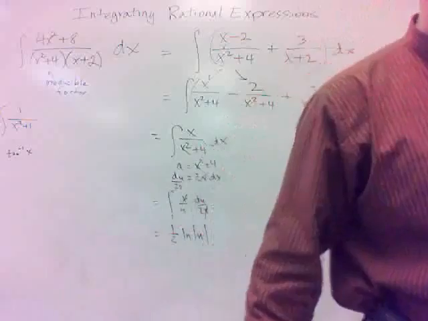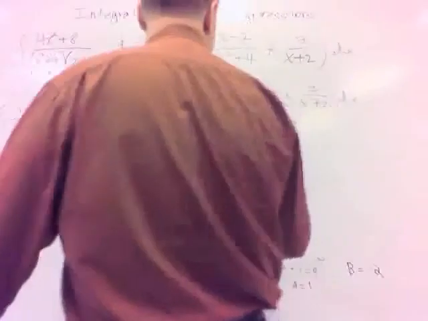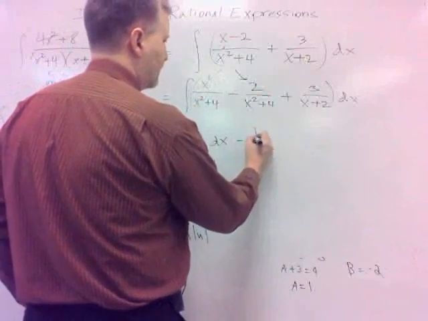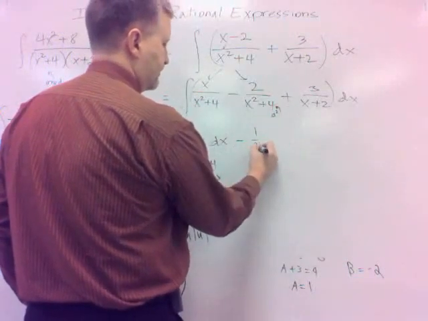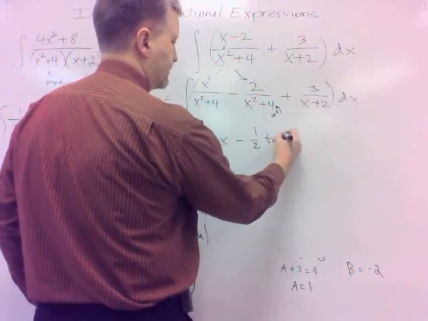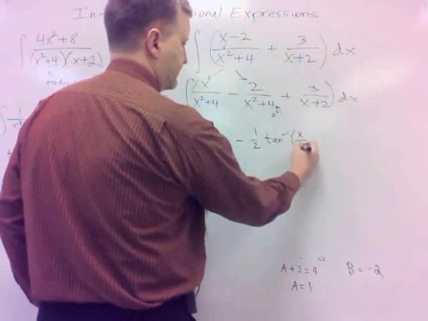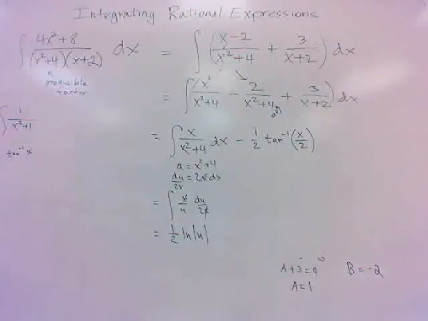1 over a squared plus x squared. Of course, we have what is it? The 1 over a. This is a squared. So a is 2, right? So it'll be 1 over 2 tan inverse of x divided by a, which is 2. Yeah. So that was just a nice little tan inverse.